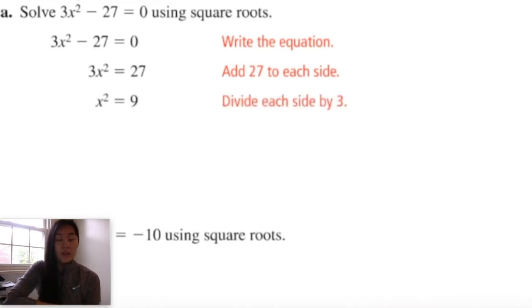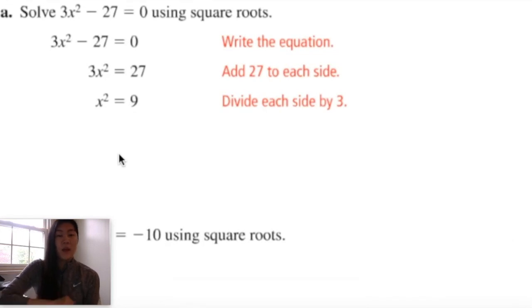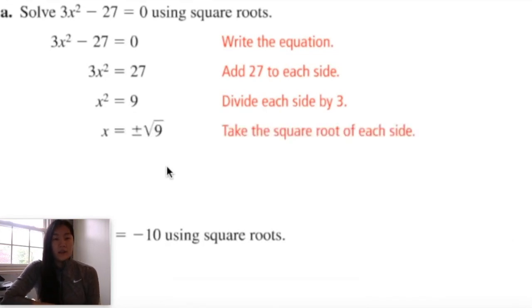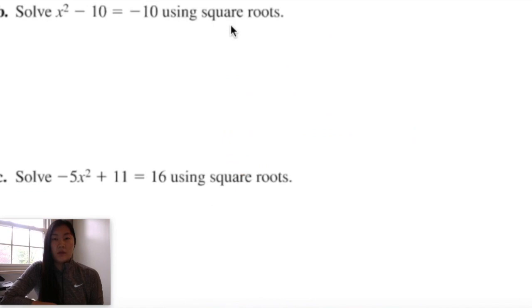Divide by 3 on both sides. Now we have x squared equals 9. That tells you that my d, 9, is greater than 0, so you'll have two solutions. So x squared equals 9 becomes x equals plus or minus the square root of 9, because we're taking a square root on both sides. Then we will get plus or minus 3 as your final answer. So those solutions are 3 and negative 3.